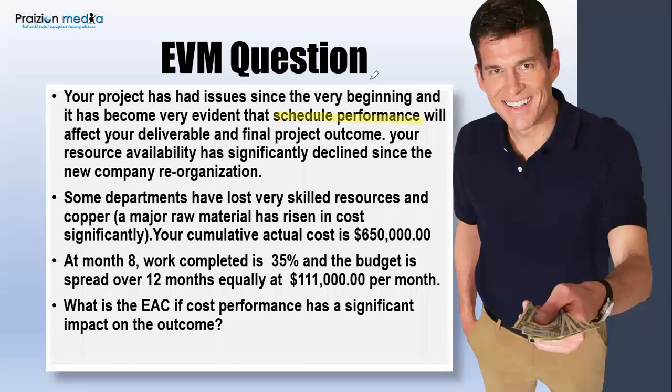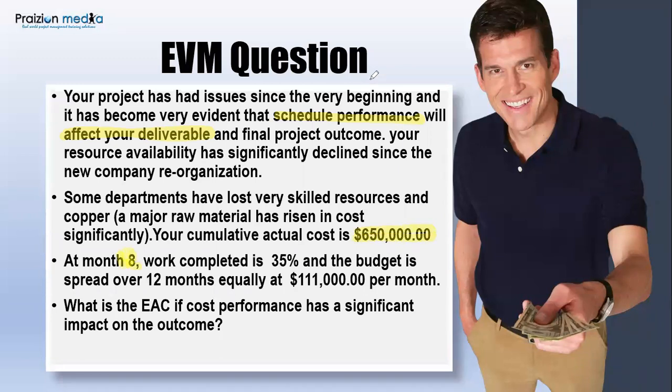Schedule performance will affect your deliverable. You also want to look all the way down the question. Your resource availability has significantly declined since the new company reorganization. Some departments have lost very skilled resources, and copper, a major raw material, has risen in cost significantly. That's where we were given the actual cost. You see that? Month 8.